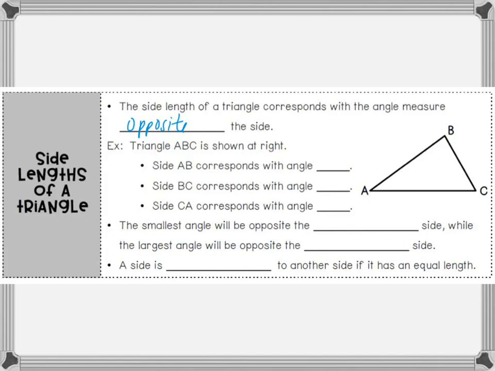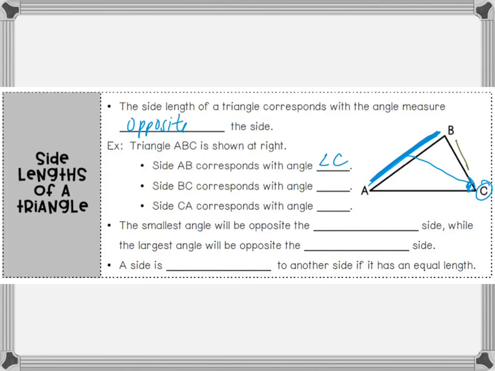I'm going to show you what I mean. So here we have triangle ABC, and this would be side AB. A relationship exists between side AB and the angle that is across from it. Across from side AB, we have angle C. So these two, angle and side, have a corresponding relationship.